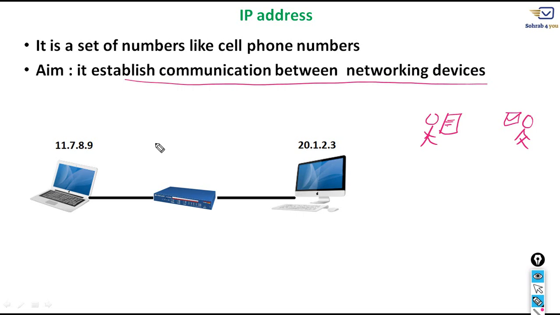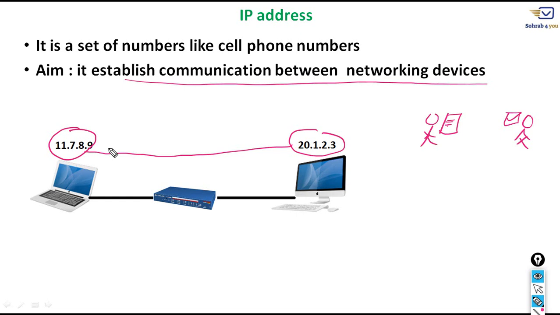Now, in the world of computers, if the computers know the IP address, they're going to communicate. Suppose this computer has this IP address, and that one has this IP address. They're going to communicate with each other with the help of these IP addresses. So the main goal of an IP address is to establish communication between networking devices.